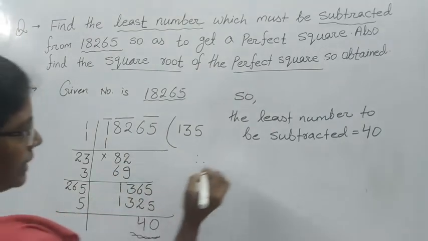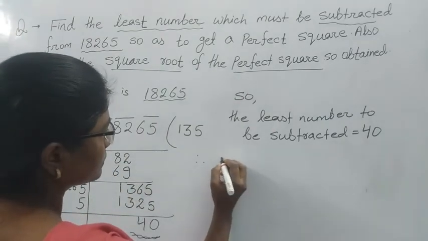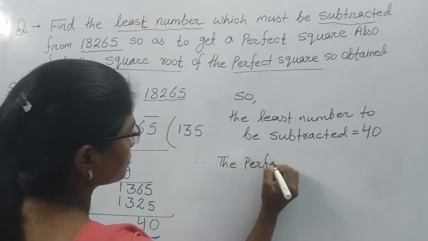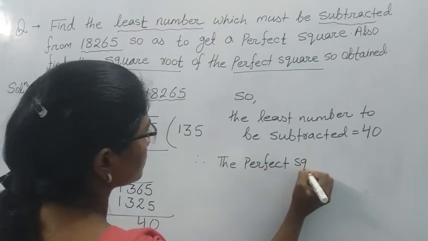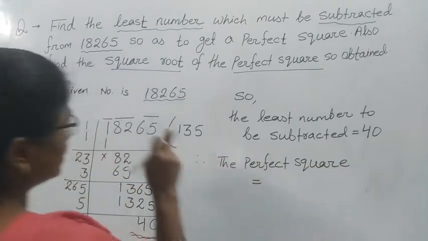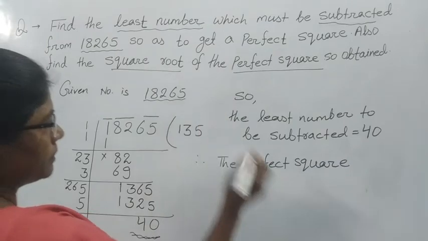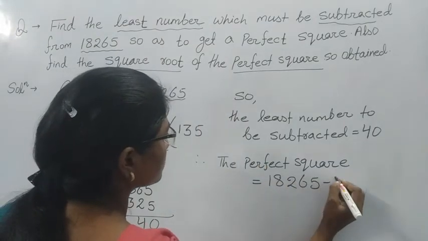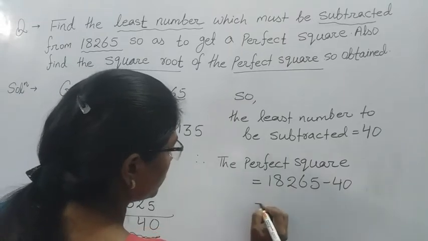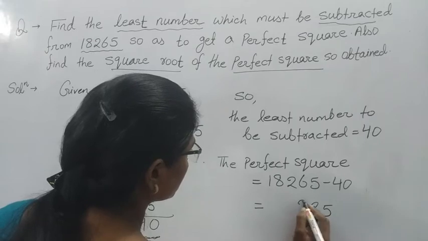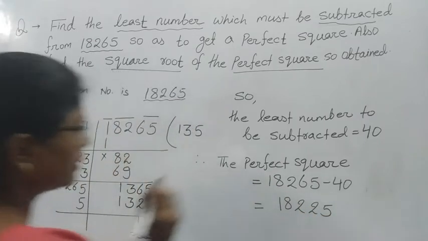So the perfect square is equal to the given number minus 40. So what we get here is 18225.